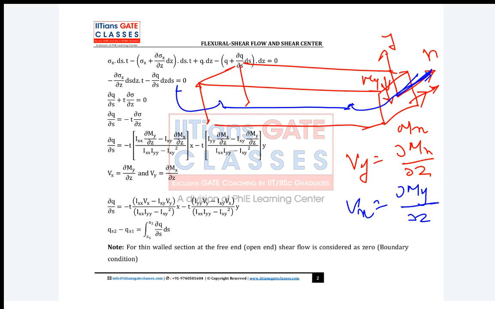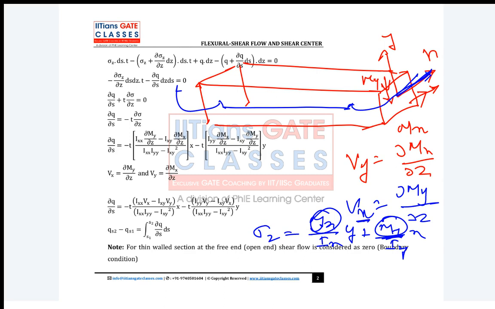In this case, you know what it was? Sigma z was Mx upon Ix into y plus My upon Iy into x. Clear? So you have Mx and My. If Mx is varying, you will have shear force along the y direction, and if your My is varying, you will have shear force along the x direction. Clear?